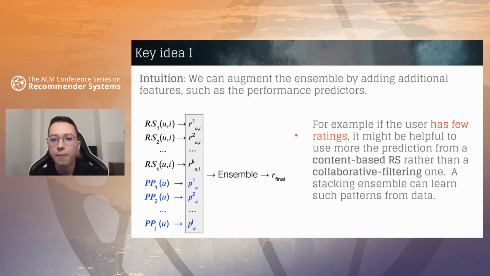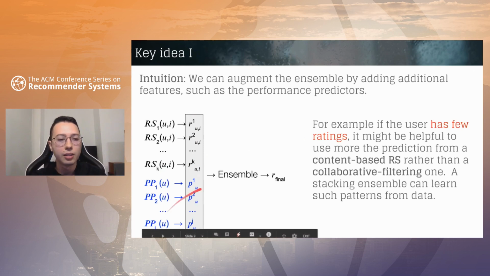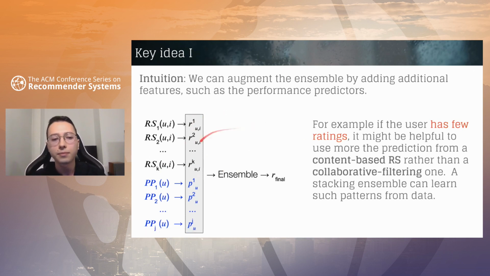Another key idea to understand our work is that we can enhance the stacking by using, besides the base recommender systems, the performance predictors as additional features. The stacking will take this input space now. The idea is that this will help the ensemble to learn better functions.